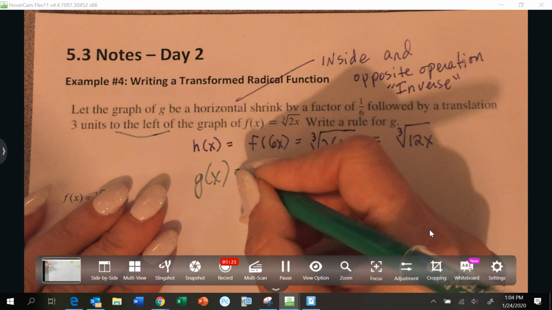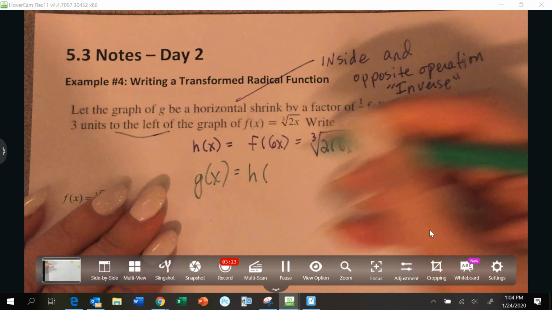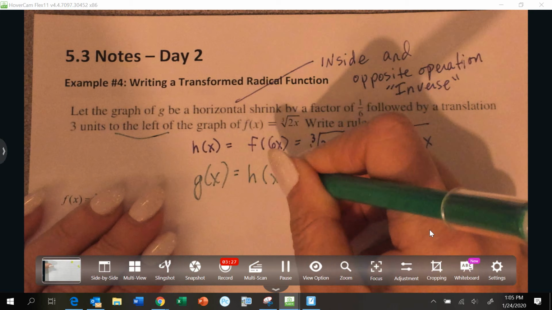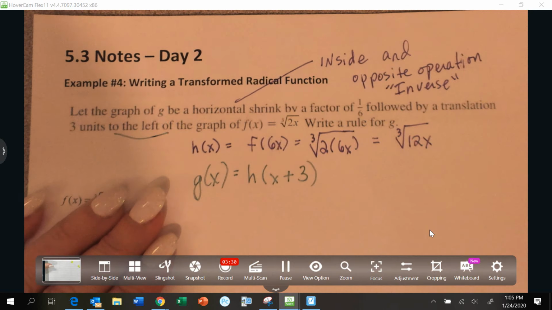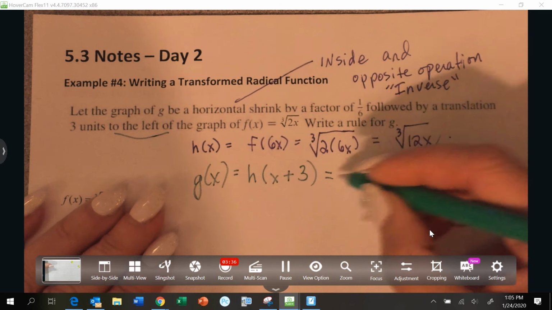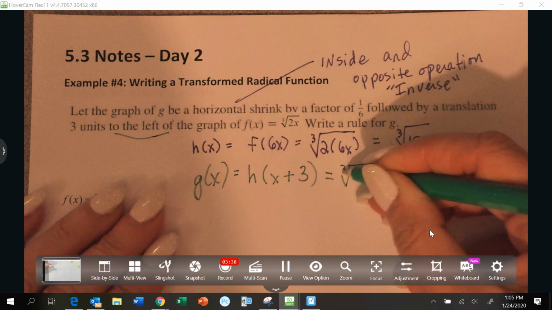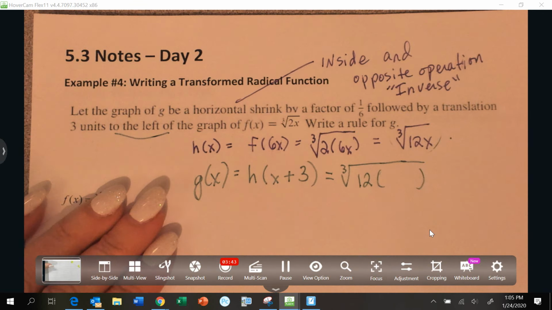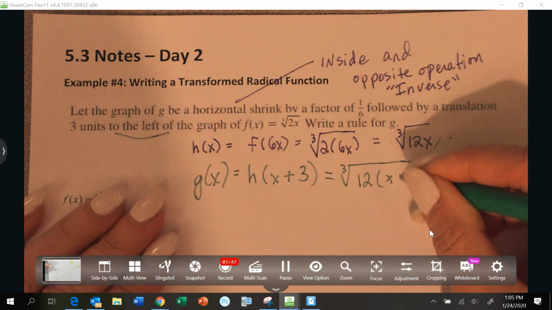So I'm going to take my h function, and instead of x, I'm going to replace it with x plus 3. So wherever I see an x in my h function, I'm going to make it into an x plus 3. So we have cube root, we have a 12, and then we have an x. So wherever I see the x, I replace it with x plus 3.